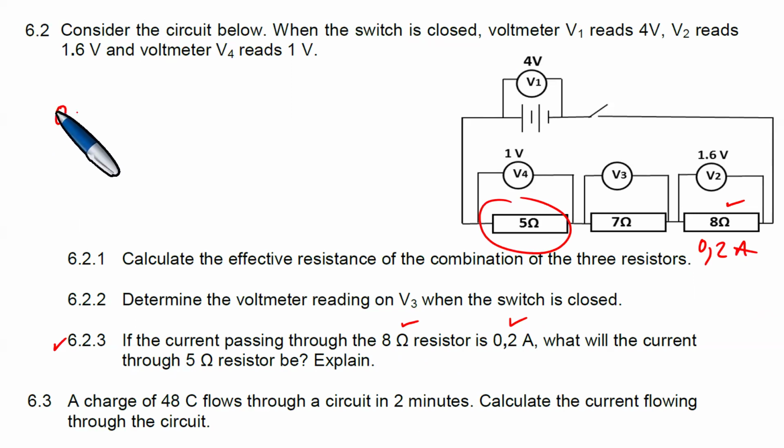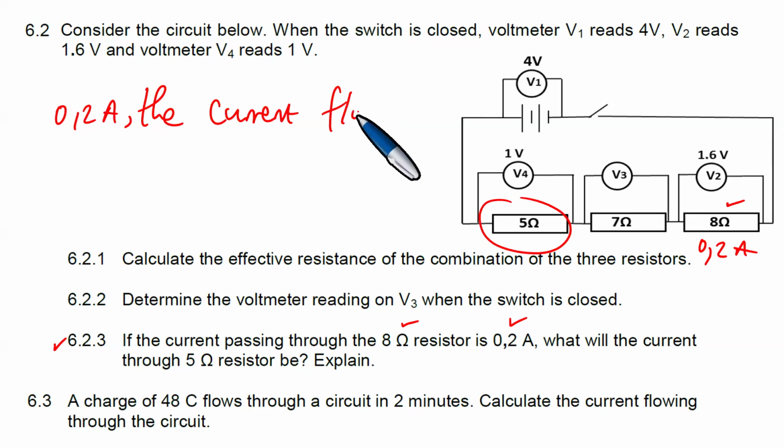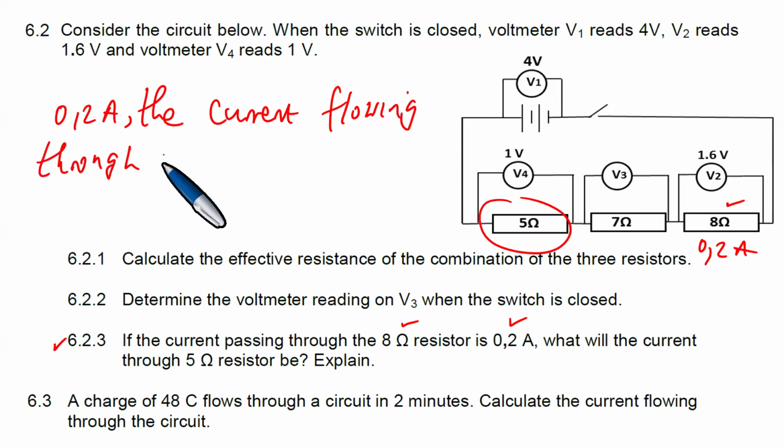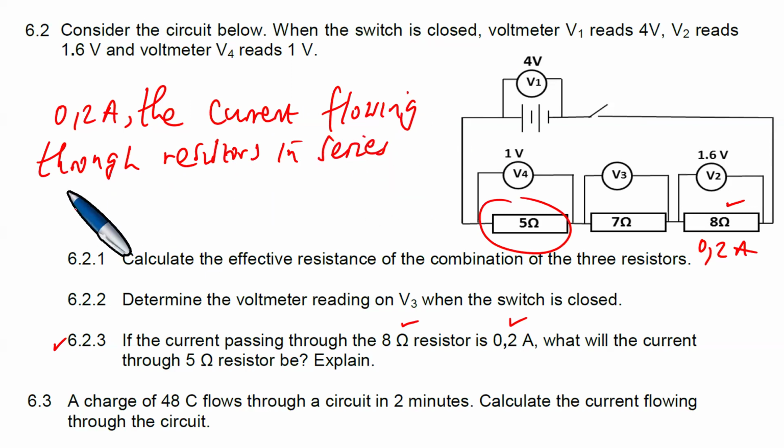It is exactly the same, 0.2 amperes. Why? The current flowing through resistors in series is the same. Because these are in series, it is the same current there.